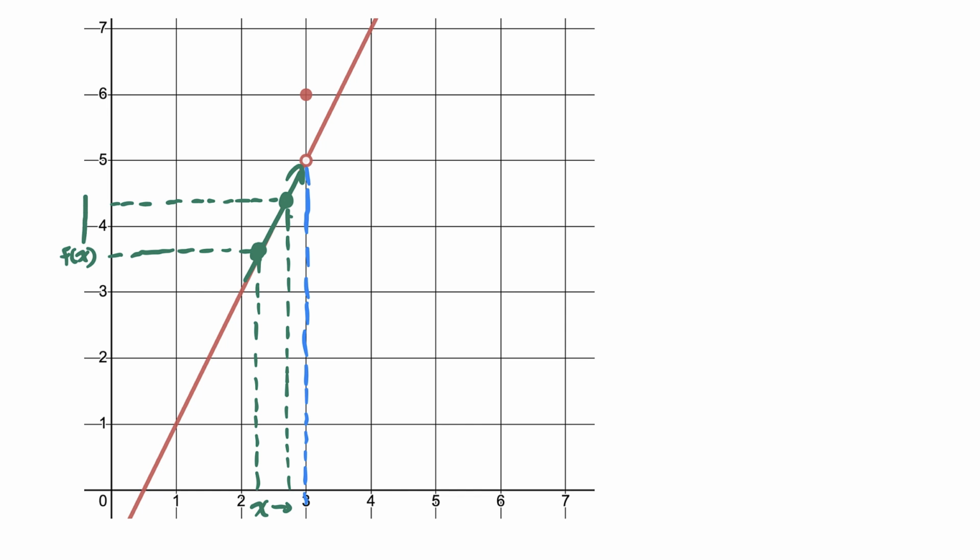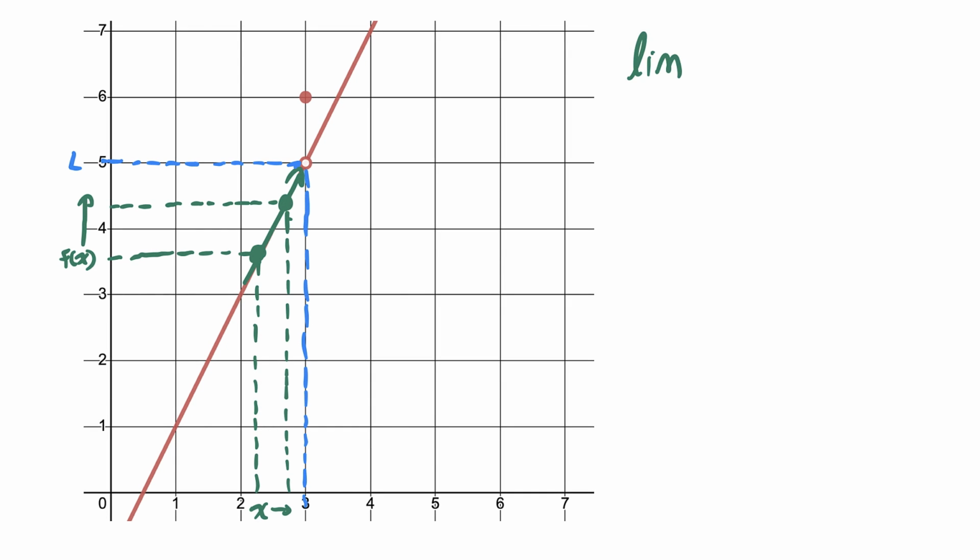Well, it looks like it's going to get closer and closer to the y value of that discontinuity, 5. So I could conclude that as these points move closer and closer to 3 from the left of 3, the y values of the points are going to get closer and closer to 5. So I will say the limit as x approaches 3 from the left side of 3 of f of x equals 5.